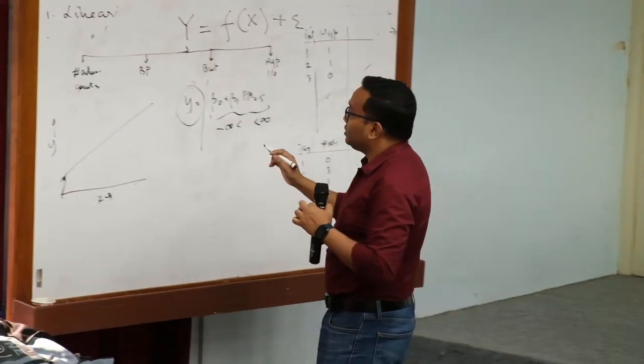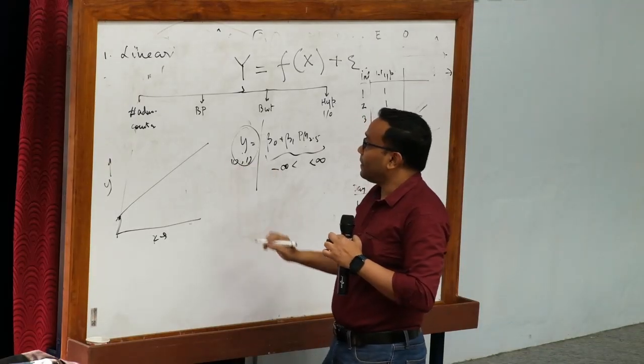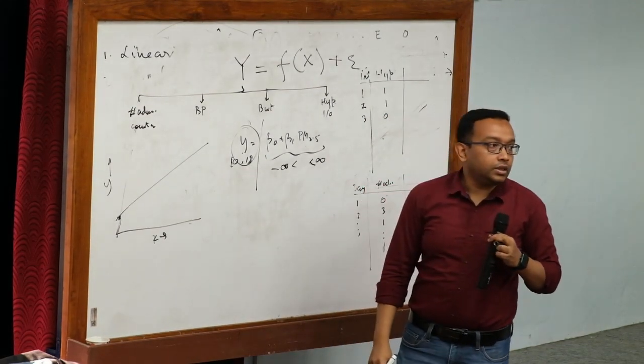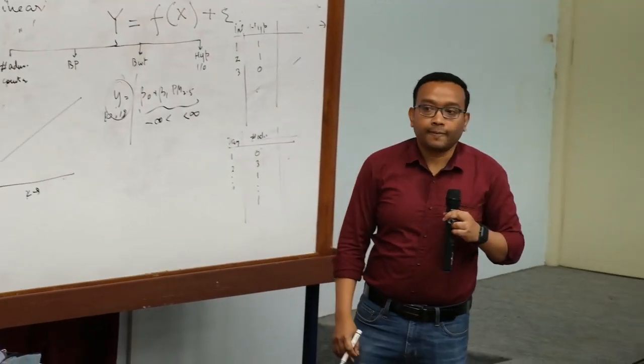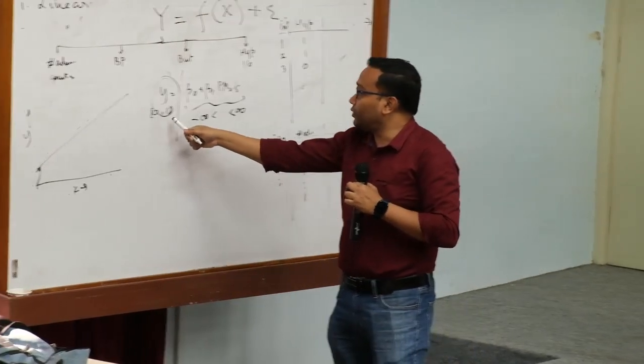So what is the easy way to do this? So y is 0 and 1. There are only two values. How do you get from here to here?